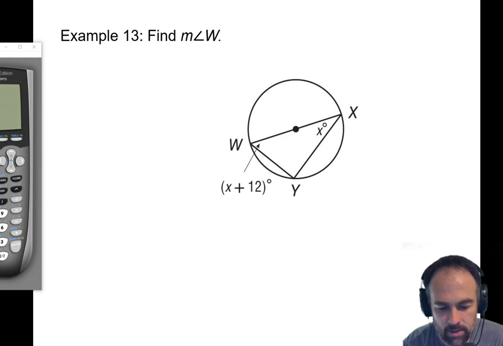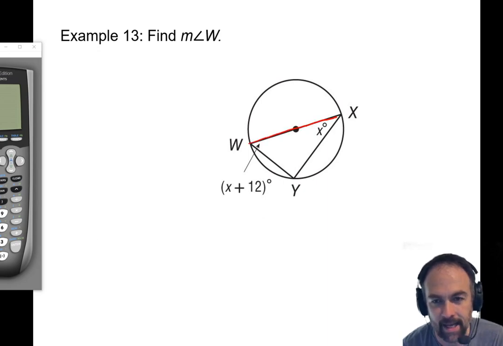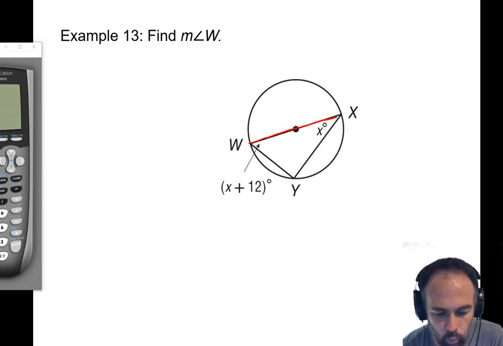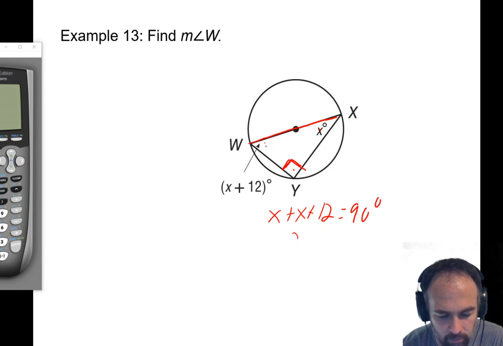All right, let's take this down to the application level because it makes a little bit more sense that way. Here, WX is a diameter and Y is an inscribed angle. That means Y must be a 90-degree angle. Now what that tells me is my other two angles inside a right triangle must add to 90. So x plus 12 equals 90 degrees.